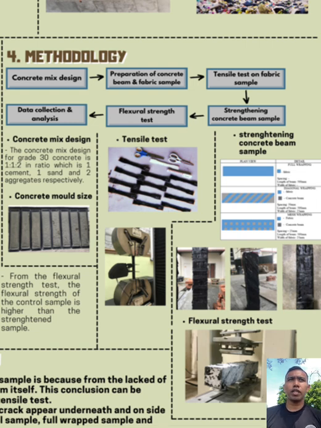After wrapping all the concrete beam samples, we will proceed to the flexural strength test to determine the flexural strength of each sample that we wrapped. Then after completing the flexural strength test, we will go for data collection and analysis of the results.